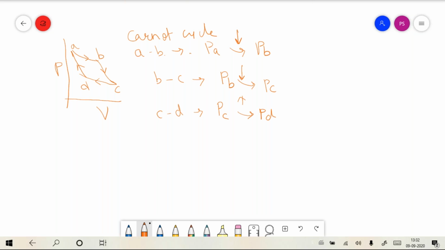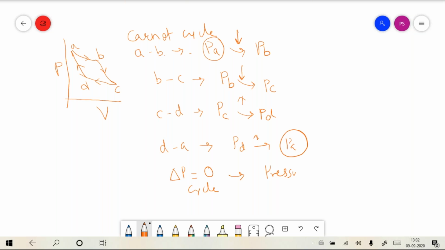So there is a pressure increase, and from D to A, it increases back to pressure PA. So if you look at this, the change in pressure between any two points we take is equal to 0 for a cycle.